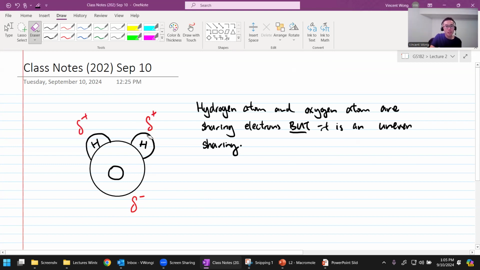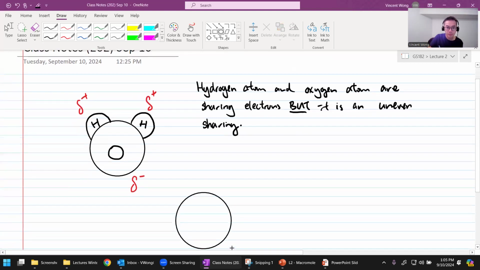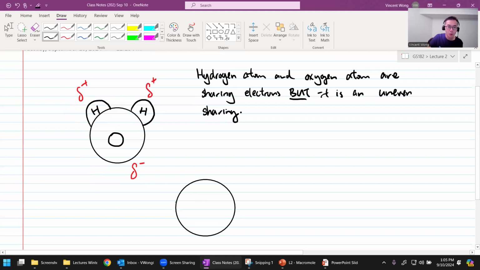So when a molecule is slightly positive on one side and slightly negative on the other side, we call it polar. Polar molecules are important for several reasons, but one of them is that if you put 2 polar molecules next to each other, so I'm going to draw another one right here, slightly positive, slightly negative.